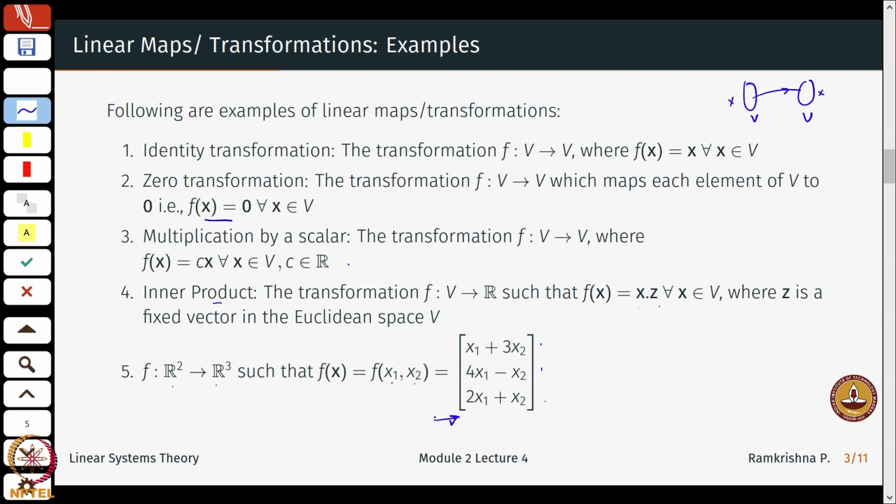So in general, I can write this as y equal to A times x. However, what is not a linear map is if I put some constant vector or constant number here. If I just talk in terms of the real line, y equal to mx is a linear map, but as soon as I add c, this is no longer a linear transformation, essentially because of this term here.